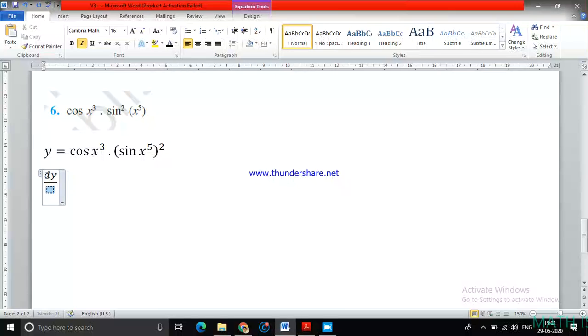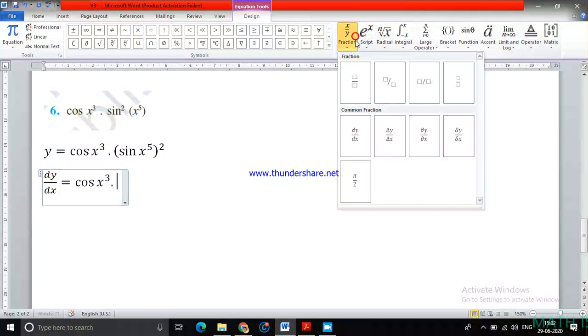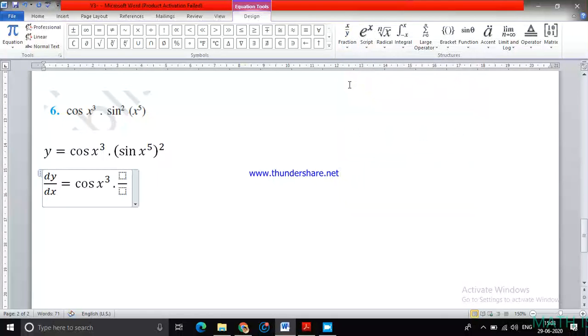So here you will get dy by dx, which will be equal to, now this is the u into v formula. The u into v formula is u into the derivative of v, that is d by dx of v.